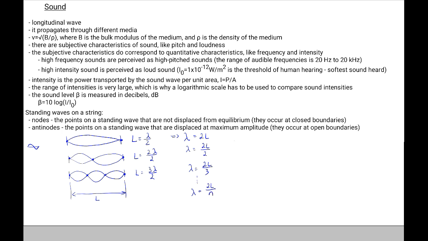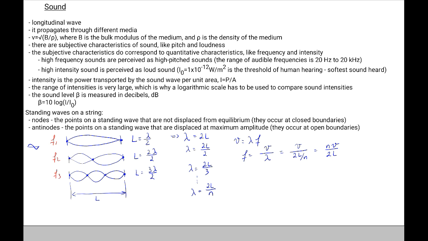Now remember that the speed of sound is lambda times frequency, which means that the frequency is the speed of sound divided by the wavelength. So plugging in the lambda we found before, we end up with v over 2L over n, or nv over 2L. So the frequencies that we have on the string, this would be f1 for n equals 1, this would be f2 for n equal 2, and this is f3 for n equals 3.